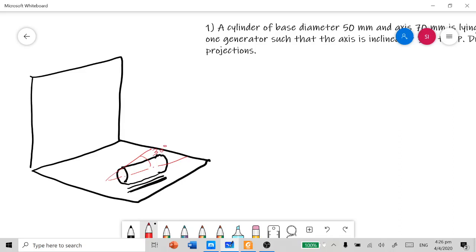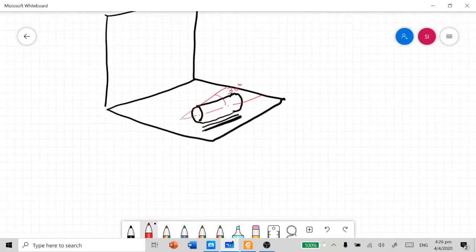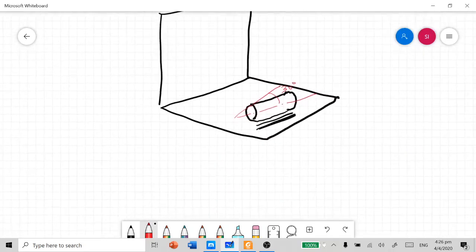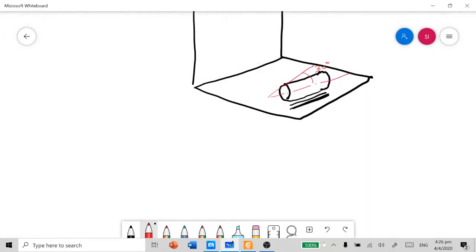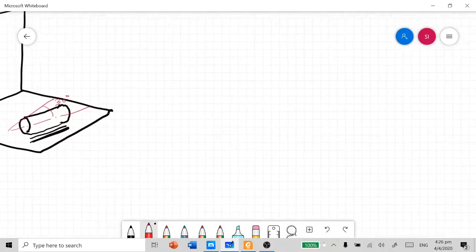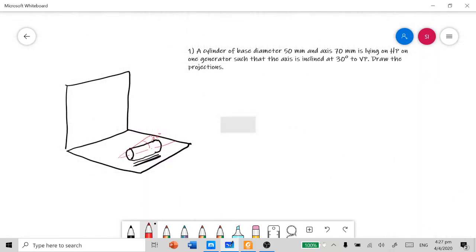Just imagine, when a cylinder is simply lying on the HP, automatically its axis is parallel to HP, and in this case the axis is inclined at 30 degree to VP. So this is the question. Like the previous problems, here also we need to finalize where the base view is available. So let's start the problem with our XY line.